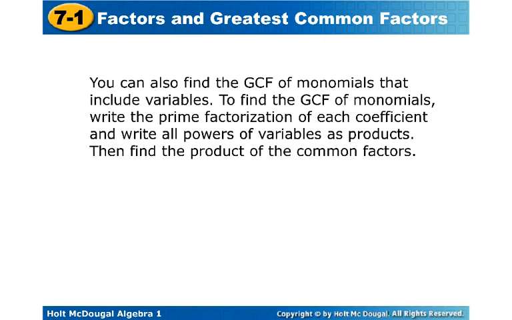So what that means is if I say x cubed, that's the same thing as saying x times x times x. So that's writing a power as a product, okay? And then once you have that, you're going to be able to identify the common factors and identify what the greatest common factor is going to be.